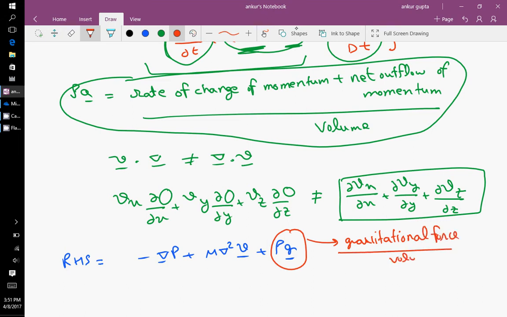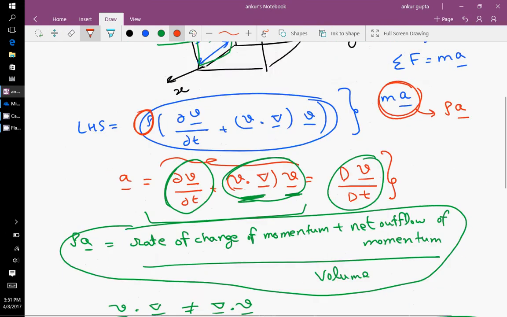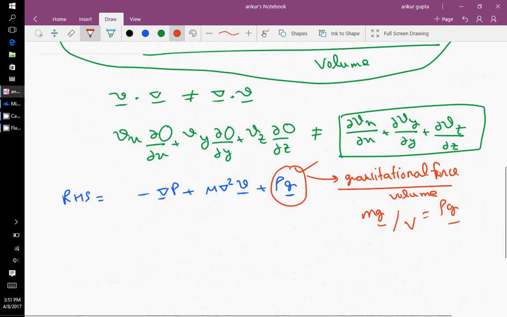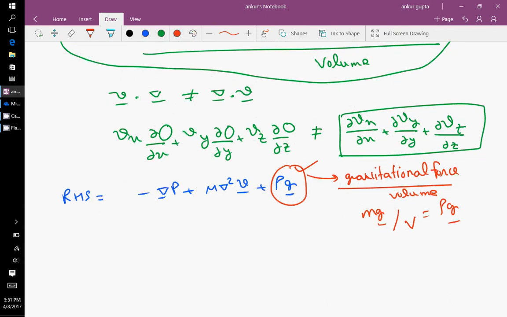You can think of this as mg, which is the force of gravitation per unit volume, and that just becomes rho G. So this is pretty straightforward. So basically in this Newton's second law, the summation of forces, one component is the gravitational force, which always acts on a fluid element, and that is just rho G vector, or think of it as mg vector per unit volume.